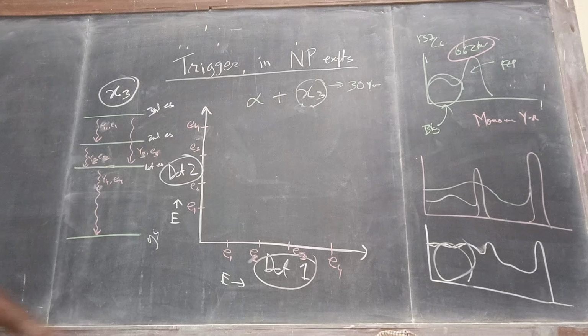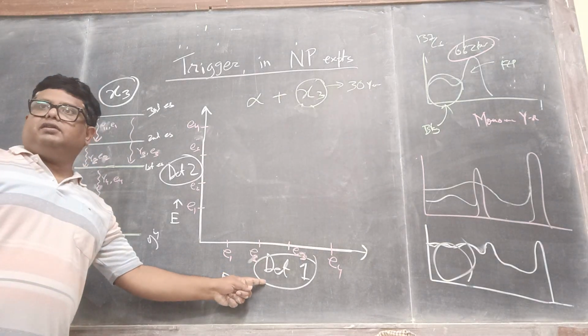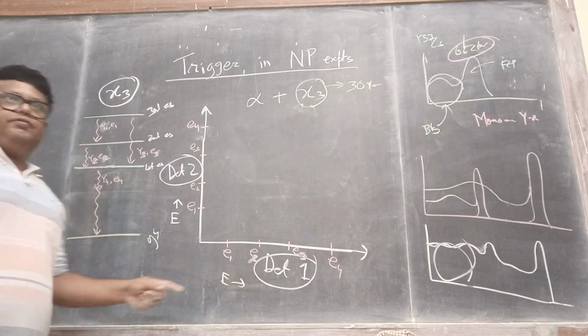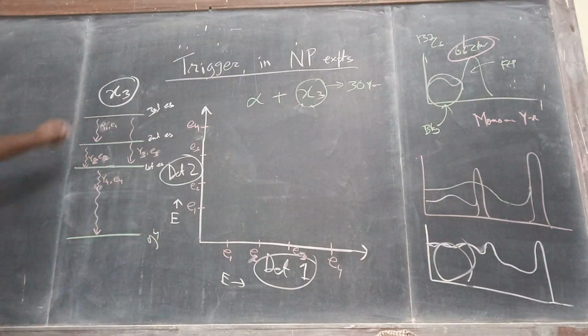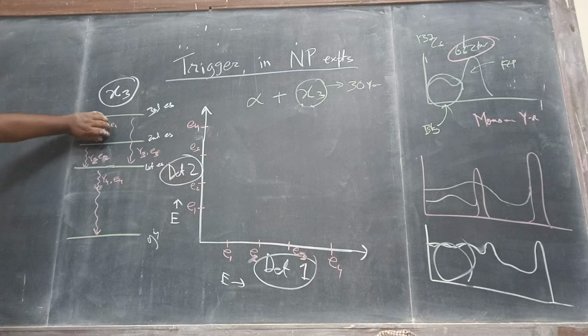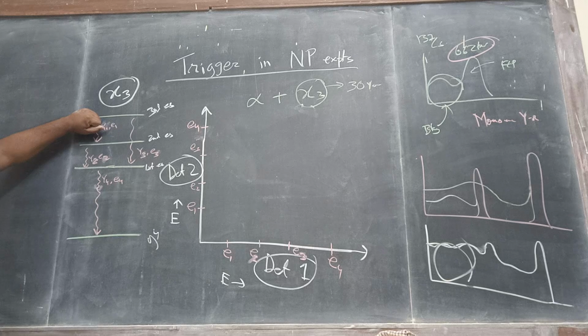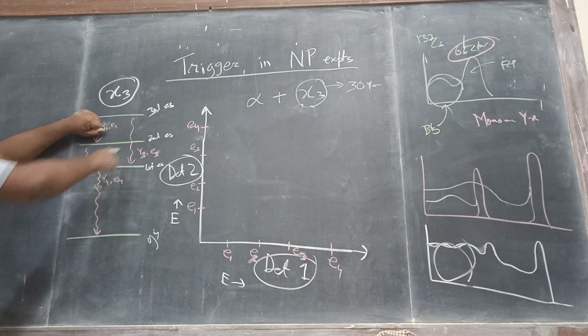So now in the case of detector 1, if I choose E1, which means I am detecting this gamma in detector 1, then there is a possibility that you will get the coincident gamma rays in detector 2. What are the coincident gamma rays? Is this a coincident gamma ray?